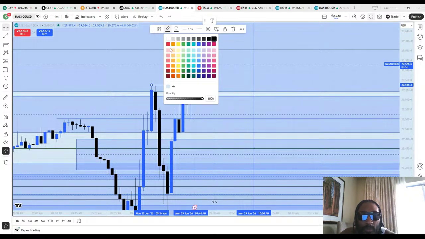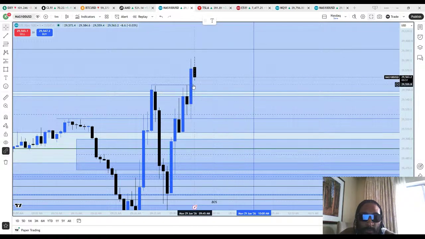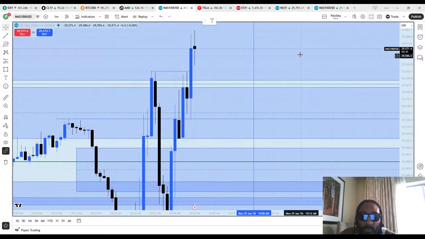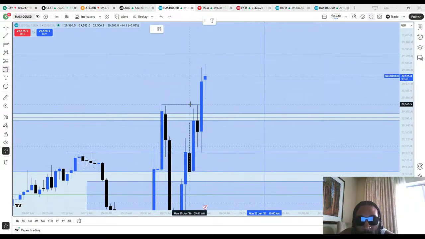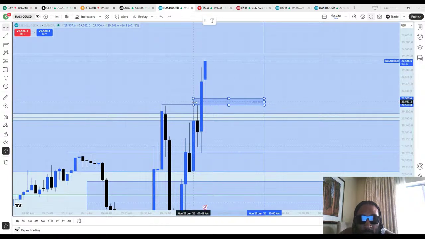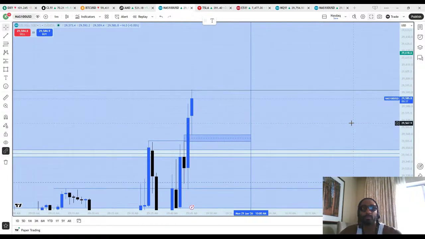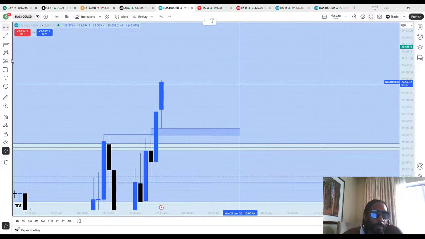So let's see if we get this to stay open. If this stays open, I will hop in on a trade on this one. And that trade will look something like this.